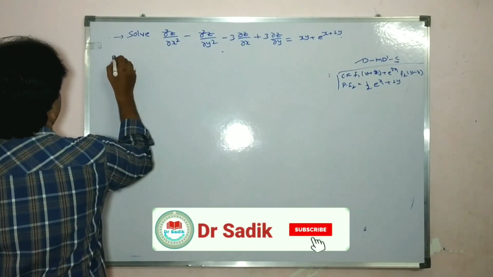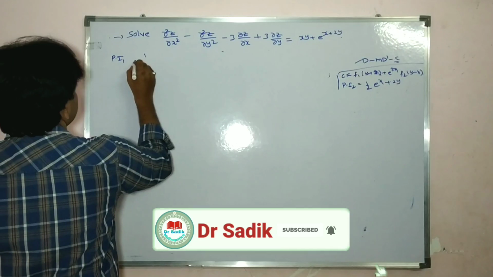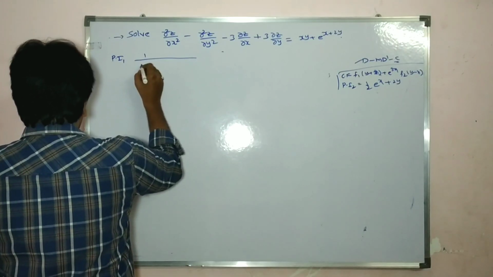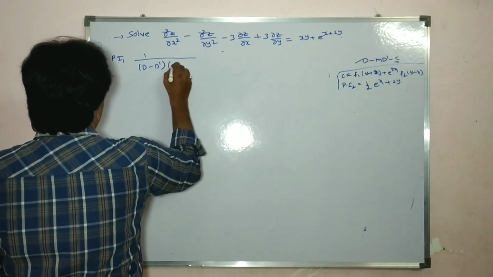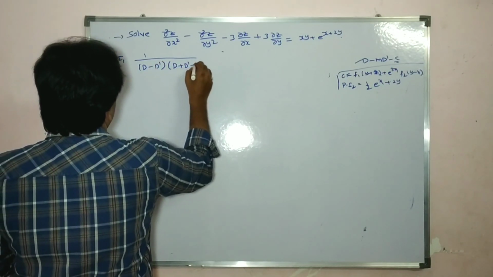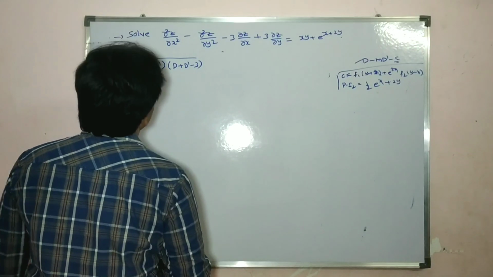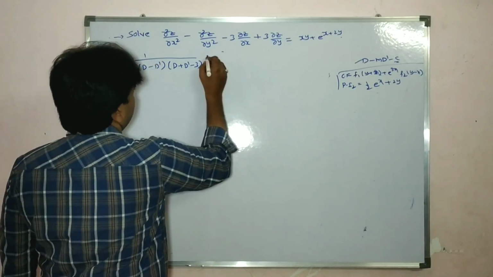Now what is the factor form here, students? D minus D dash into D plus D dash minus 3, into xy.